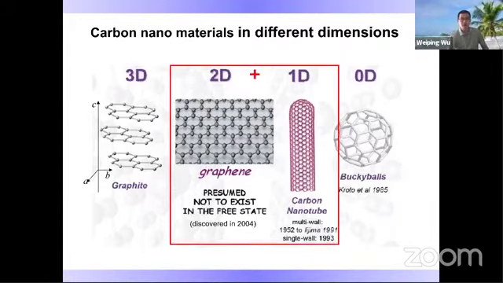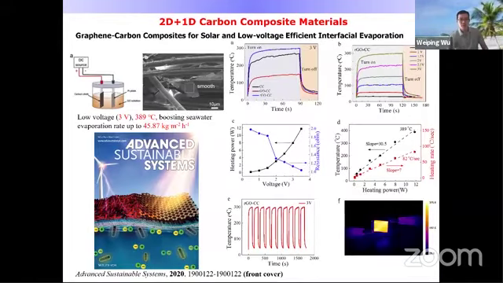So therefore, I had an idea of combining a 2-dimensional material with a 1-dimensional material. This is a recent paper about combining 2-dimensional graphene and 1-dimensional carbon fiber, and by electrodeposition, we formed this type of composite material using this concept and successfully prepared it.